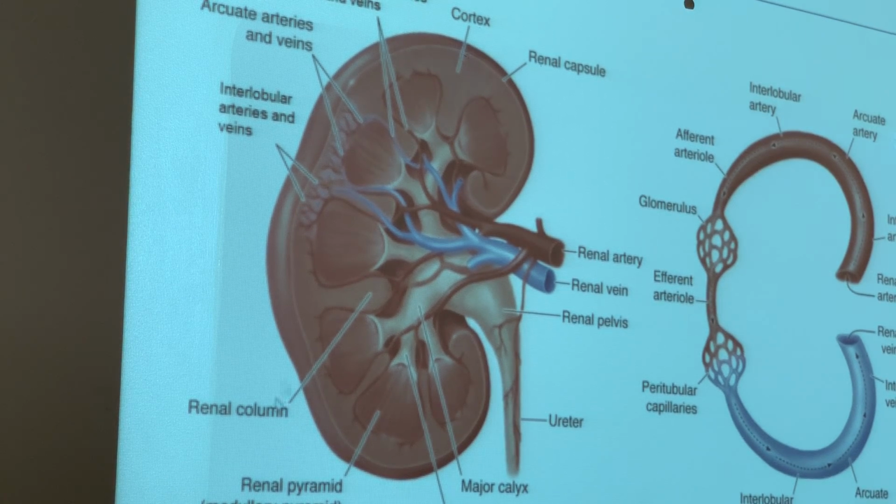So the arcuates, they're still arcuates, okay? But before they go into the capillaries, they have to get even smaller. So interlobular, and then these are the arterioles, and then they'll become capillaries.